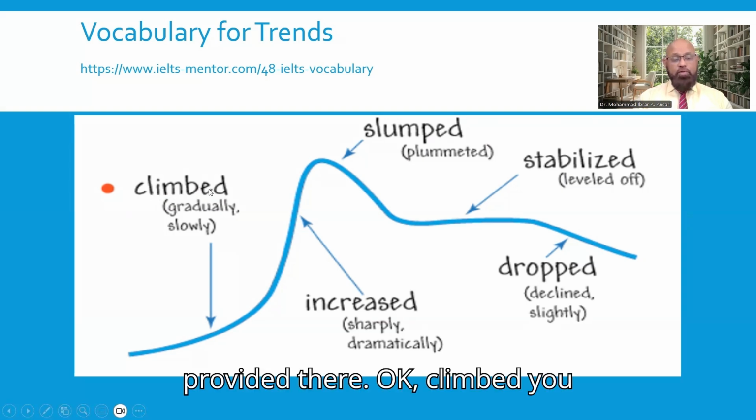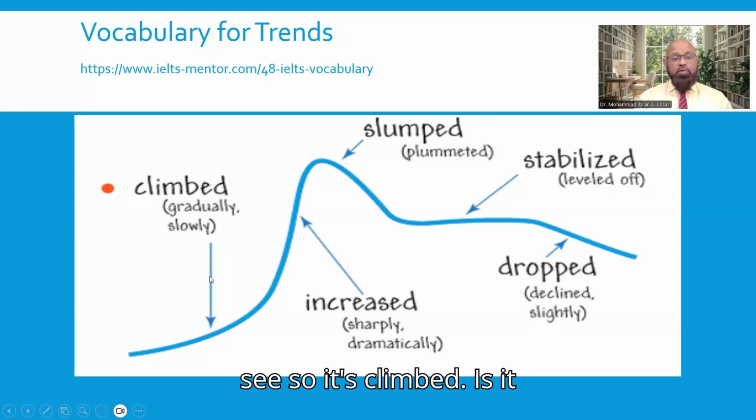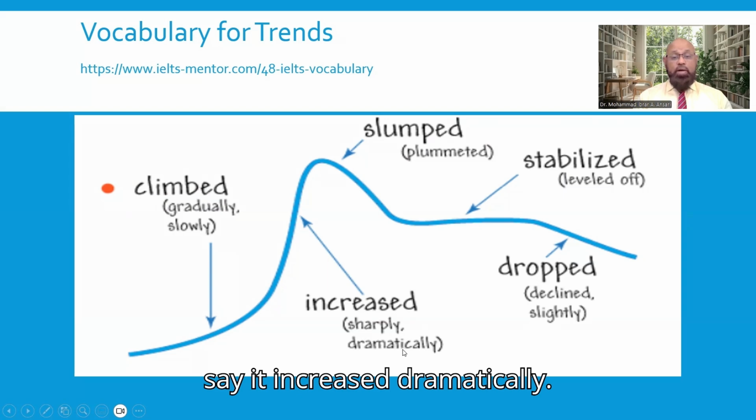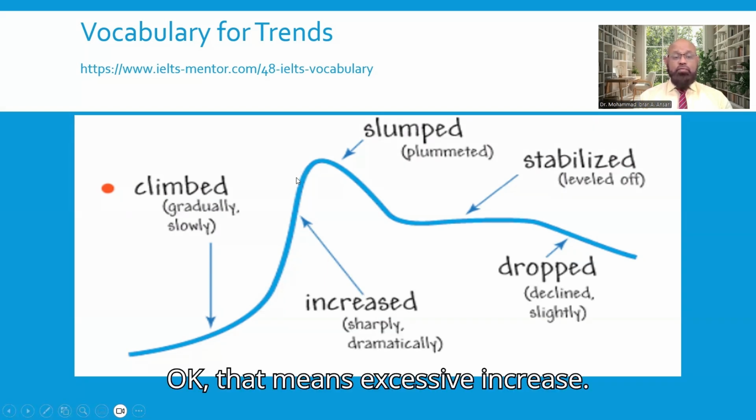Okay, climbed, so it's climbed. Is it sharp? No. So gradually or slowly. Now if you look from here to here, say increase sharply. You can also say it increased dramatically. That means excessive increase.